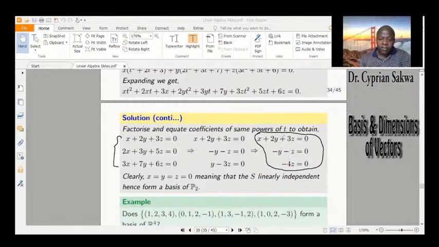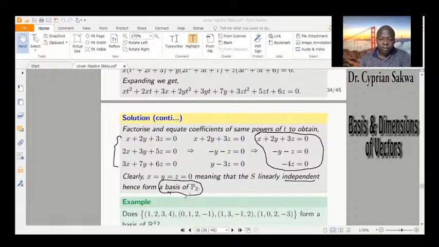And then moving to this first equation, when y is 0 and z is 0, x will also be 0. So the scalars x, y, and z are all 0, which means that the vectors given to us are linearly independent, and therefore they form a basis of P2.